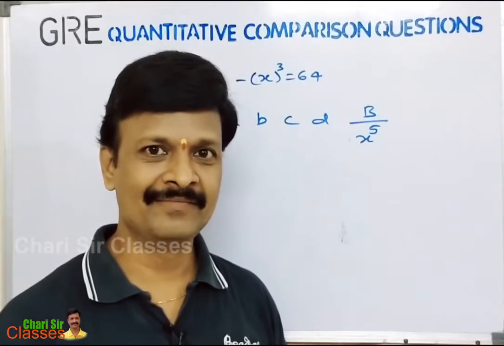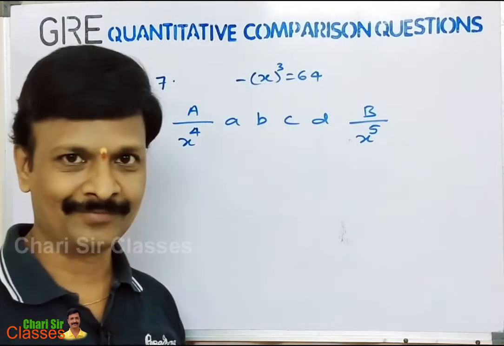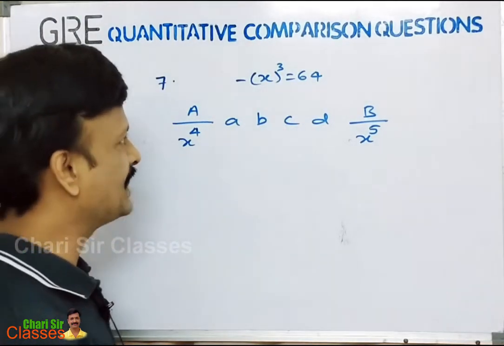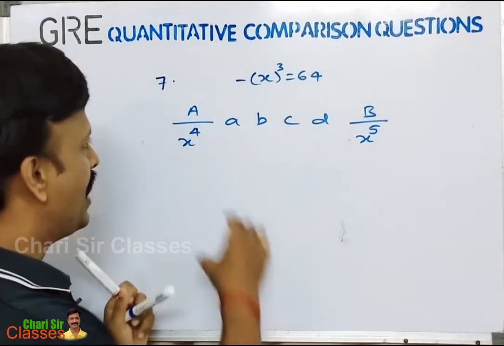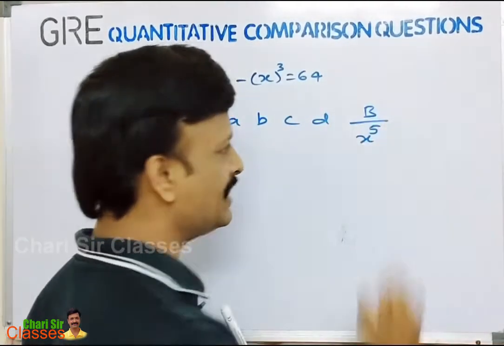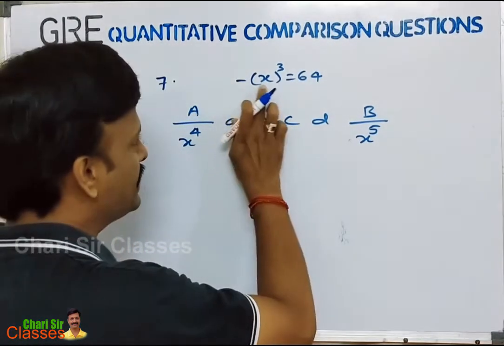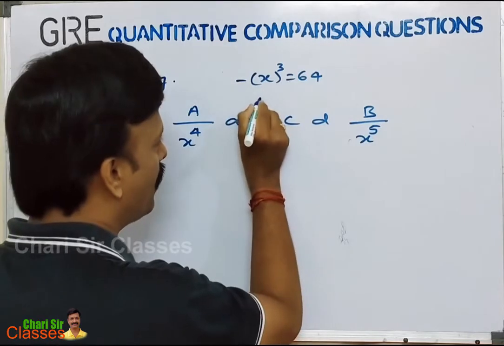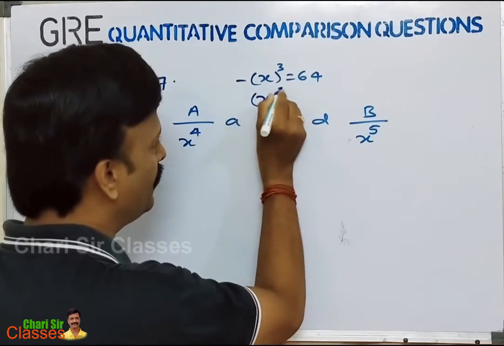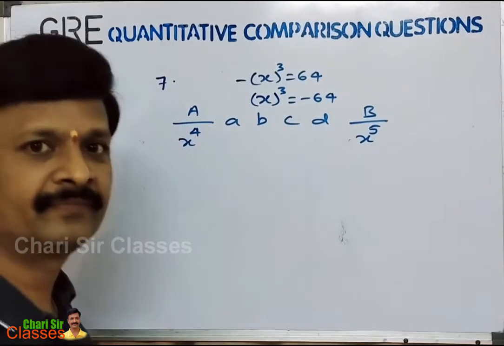Question number 7. It is given that minus of x cube equals 64, and quantity A is x to the power 4 and quantity B is x to the power of 5. Let's see here: minus x cube equals 64, or x cube equals minus 64.